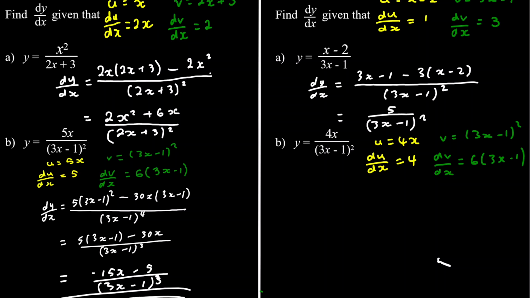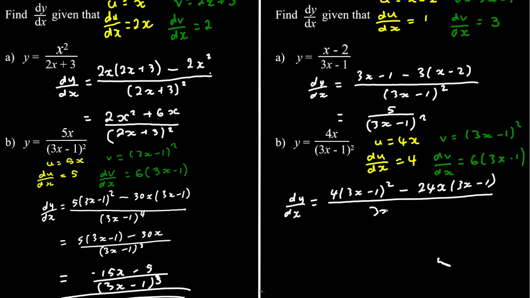Then dy dx is v du dx minus u dv dx over v squared. Divide through by 3x minus 1.